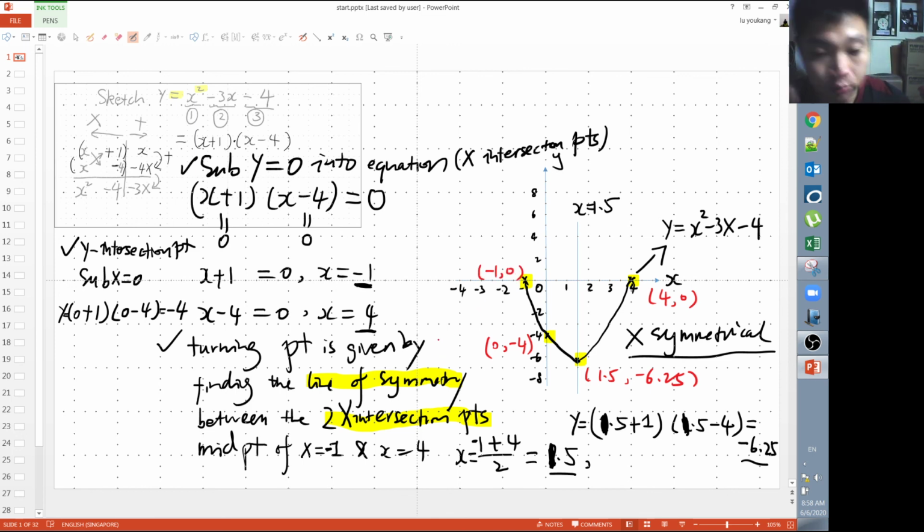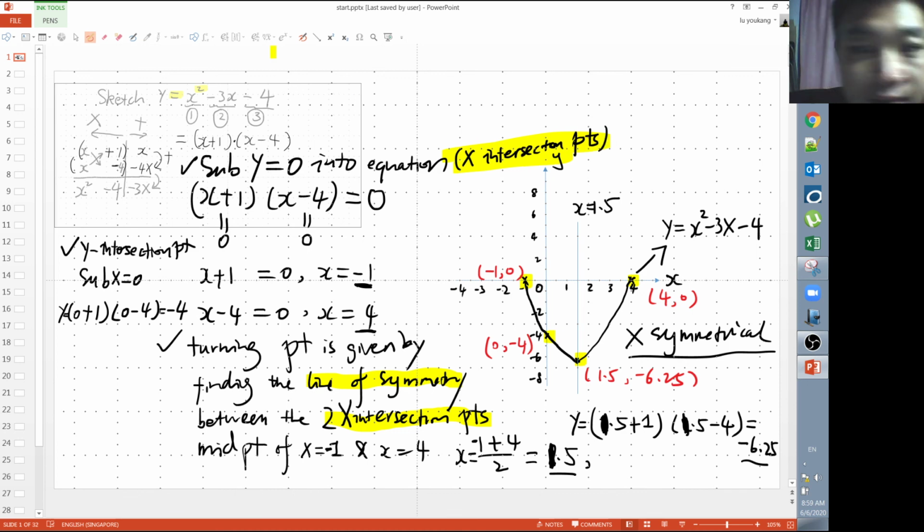Okay, so I know there is a lot of stuff to memorize here. But the steps are very mechanical. What I mean by that, okay? So the first step is always to find out your x intersection point.